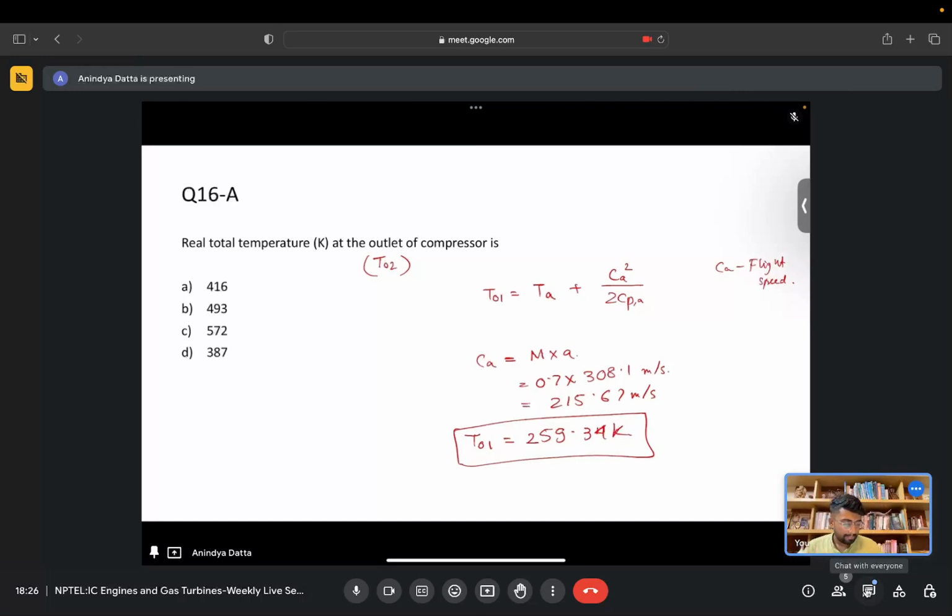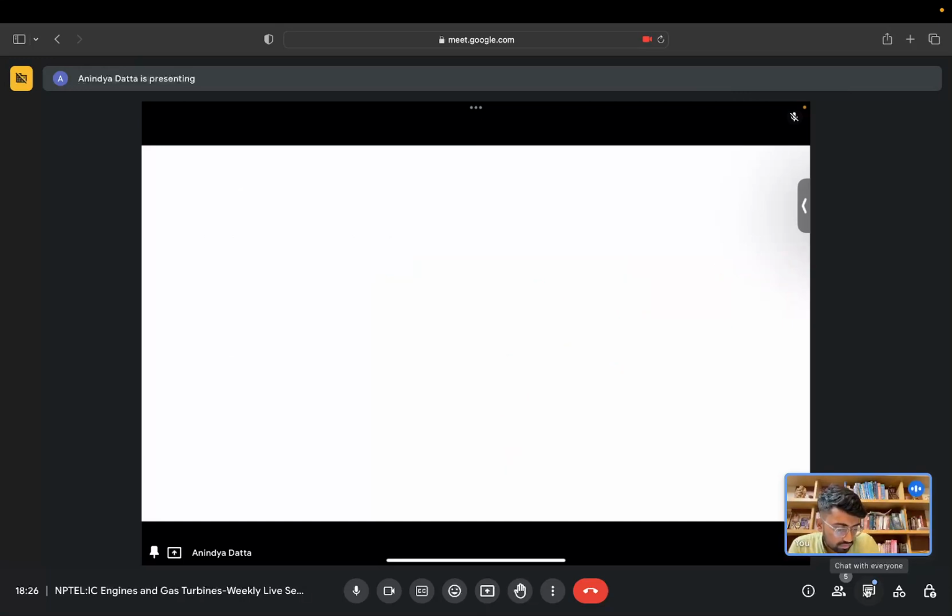The next part is to find the stagnation pressure at the inlet of the compressor. We have the intake: at the inlet we have the ambient pressure PA, and at the exit we have the stagnation pressure P01. Let me briefly go over how intake isentropic efficiency is defined.